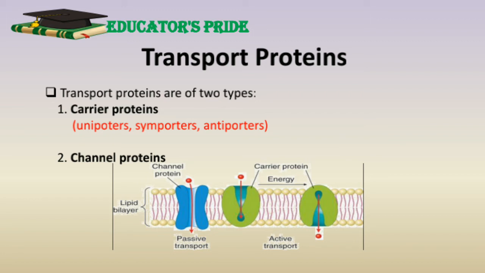There are basically three classes of carrier mediated transport that differ in the number of solutes transported and in which direction. These are uniporters, symporters, and antiporters. Carrier proteins that transport a single solute from one side of the membrane to the other are called uniporters. Coupled transport involves either the simultaneous transfer of a second solute in the same direction, called symport, or the transport of a second solute in the opposite direction, called antiport.